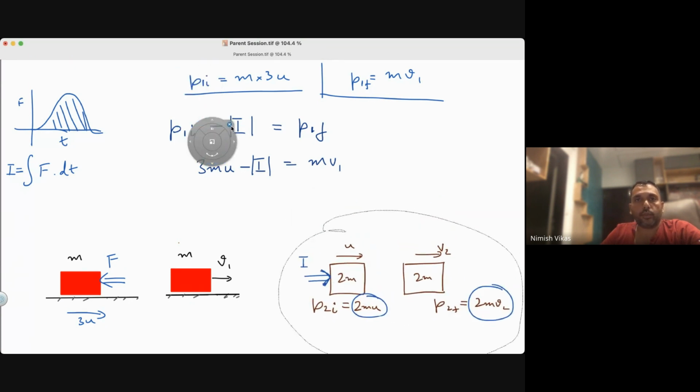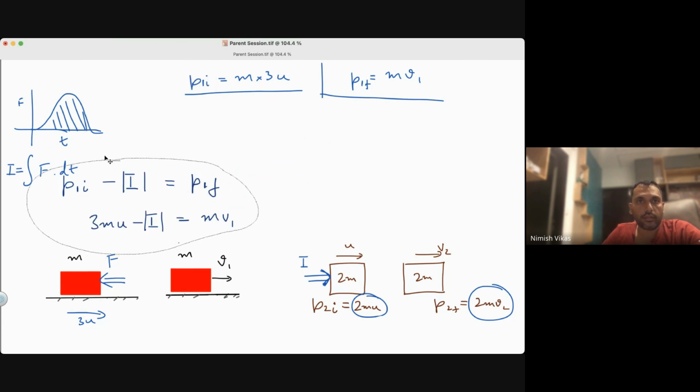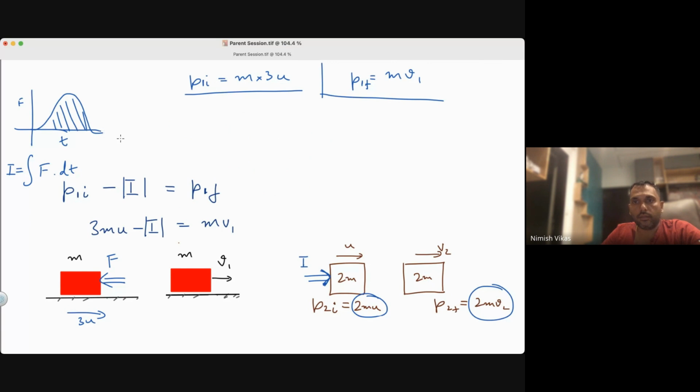Okay, so this thing was written for this one. Similarly, for the brown one, I'm going to write it as P2 initial got an impulse and became P2 final.